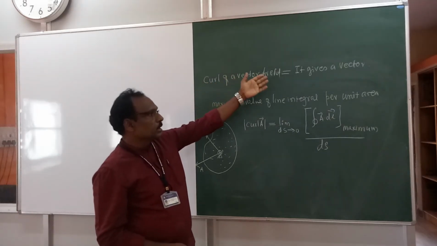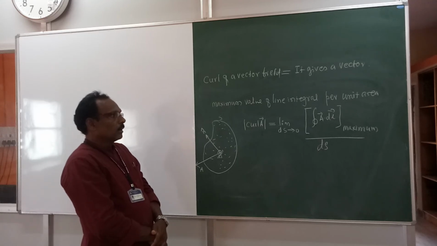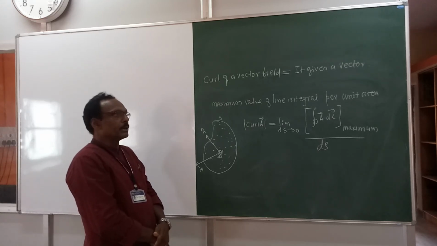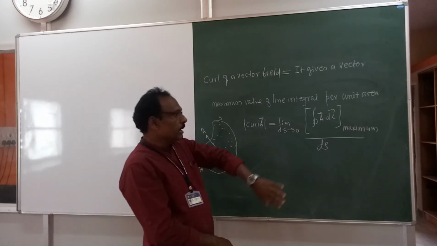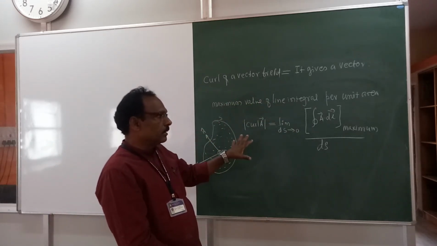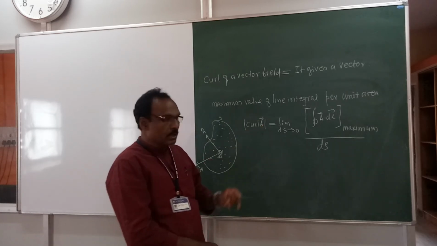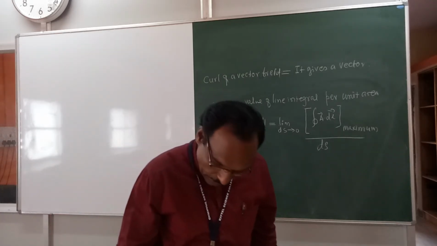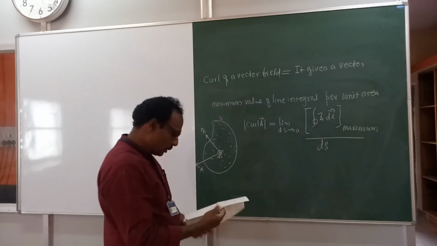This is the mathematical definition, which we can define in words: curl of a vector field is a vector which is defined as the maximum value of a line integral per unit area, the area being bounded by a closed boundary. That is the definition of curl of a vector. This can be written in different notations.